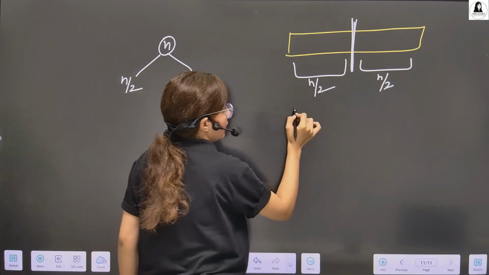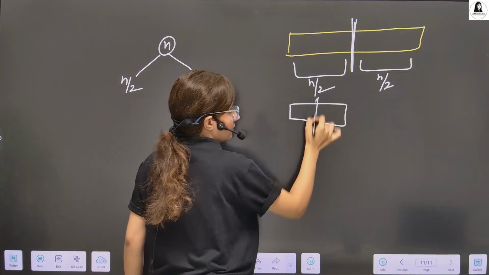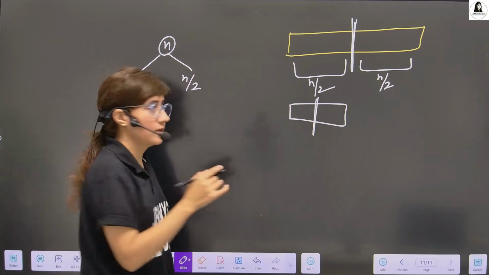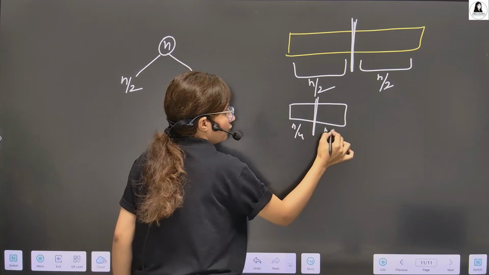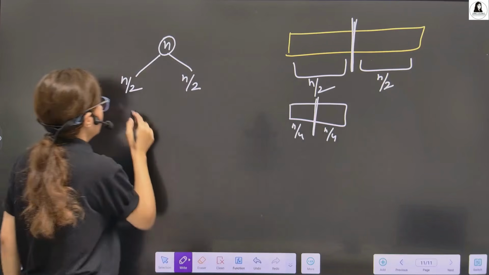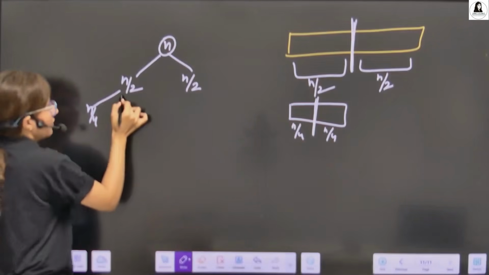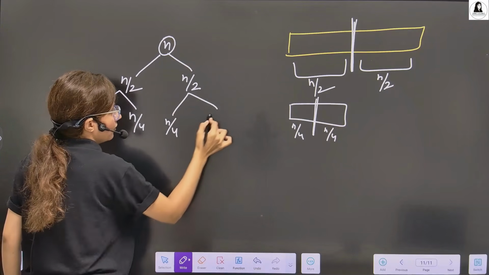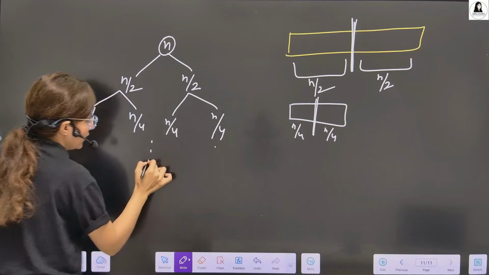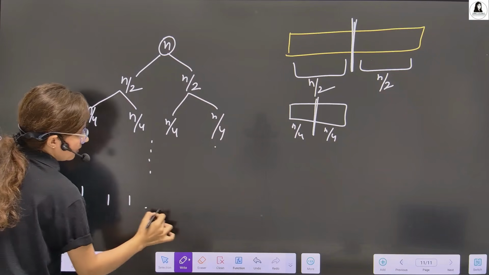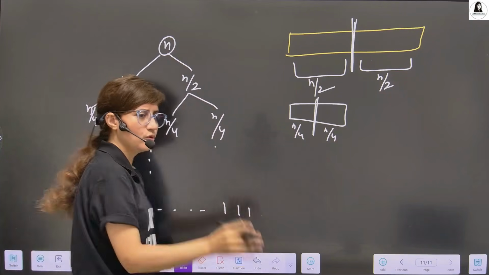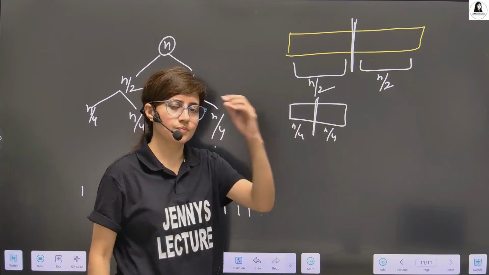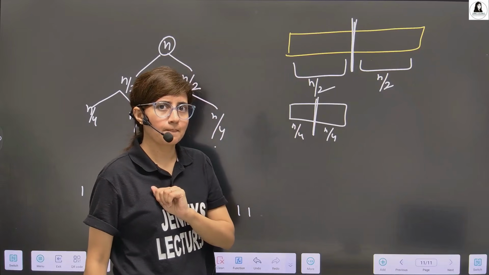Again for these, I get the partition almost in the middle, so we divide into n by 4, n by 4, and next time we call for n by 4 each. Same for the other partition, n by 4, n by 4. Like this we keep moving till at last we are left with only one element, and we stop. This is the best case.